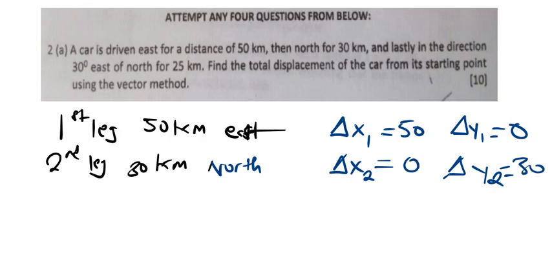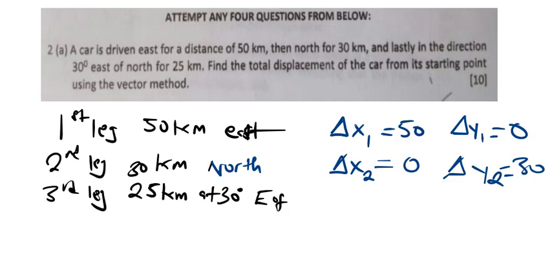Now let's come to the third leg. We are told that it moved 25 kilometers at 30 degrees east of south, east of north actually.